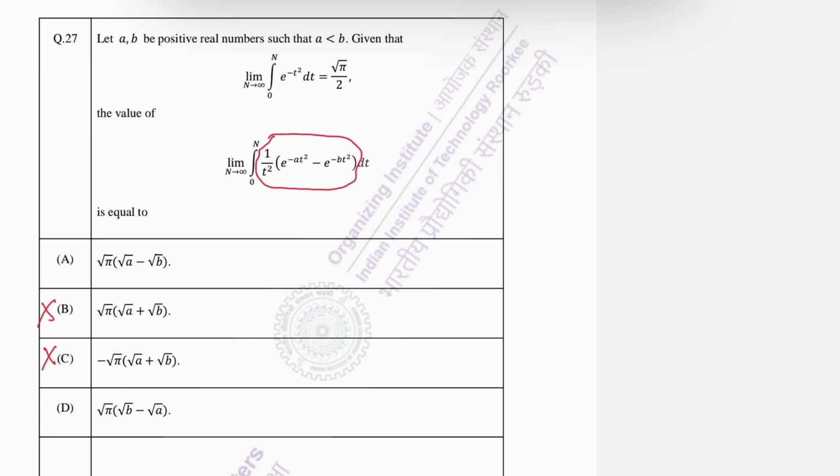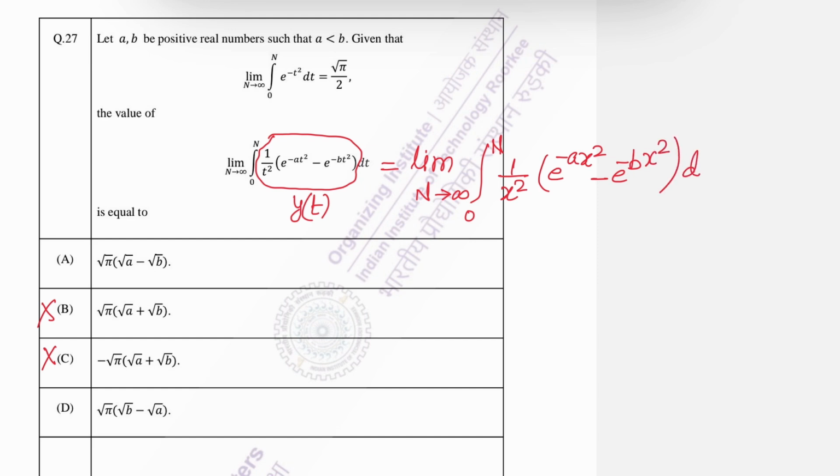Now suppose it is y(t). For clarity we can write the same integral, but we can change the variable. Here we can write 1 by x square, e to the power minus ax square minus e to the power minus bx square, and here will be dx.